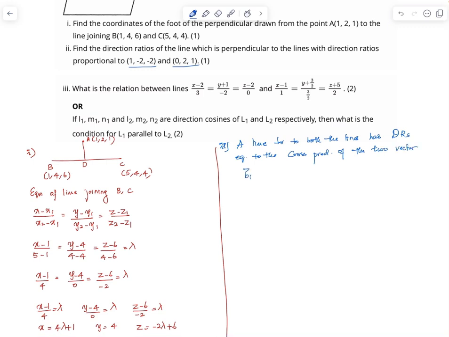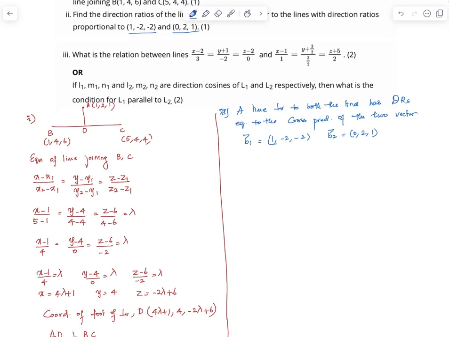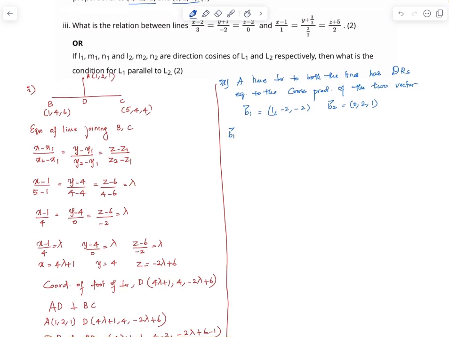Let's take b1 as 1, comma minus 2, comma minus 2 and b2 is 0, comma 2, comma 1. So we need to get the cross product of this b1 and b2, from which we get the direction ratios of the required line. b1 cross b2 is ijk, that is 1, minus 2, minus 2, 0, 2, 1.